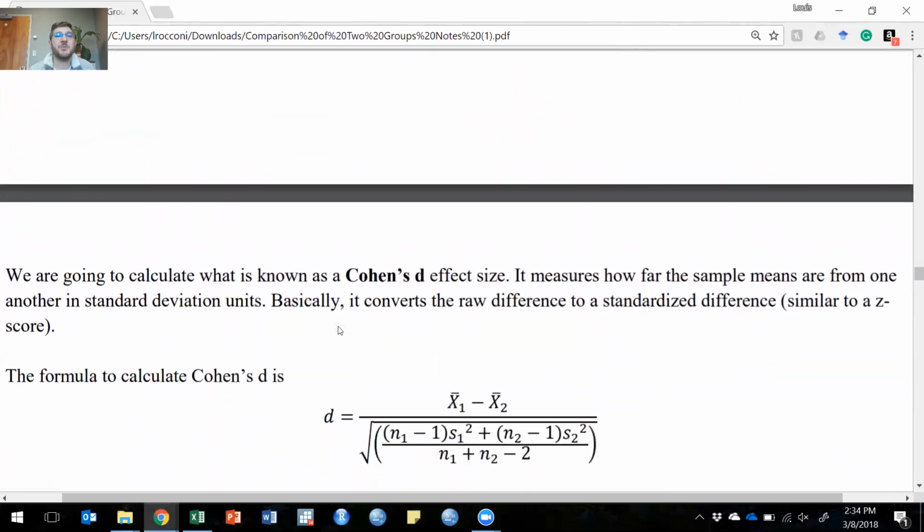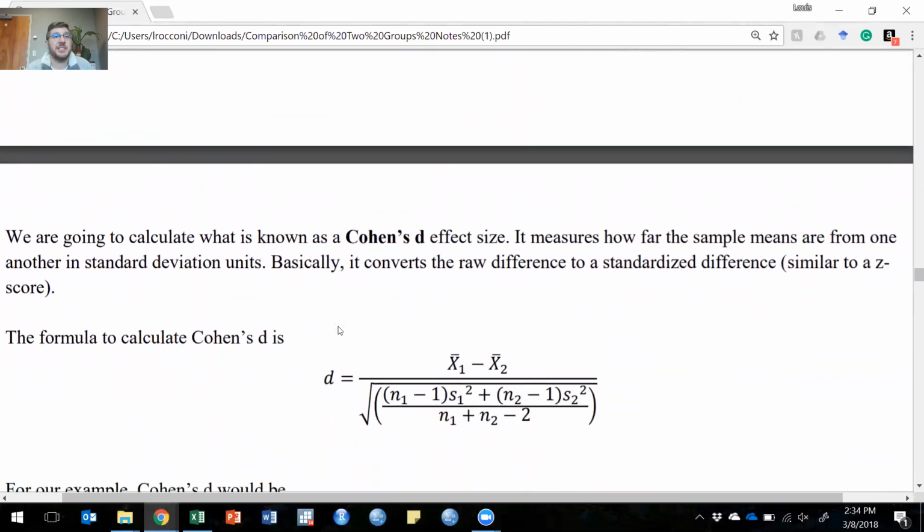We're going to calculate what's known as Cohen's d effect size. It measures how far the samples are from one another in standard deviation units. We're going to convert the raw difference between the scores into standard deviation units. This is similar to the z-scores that we talked about before.